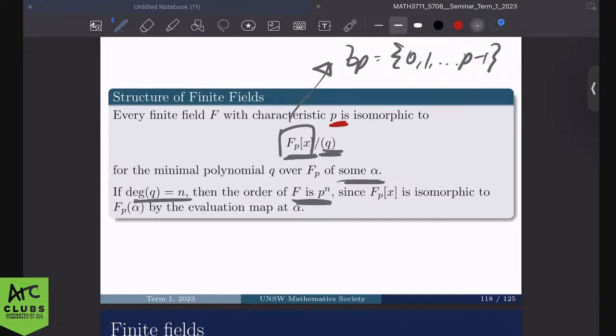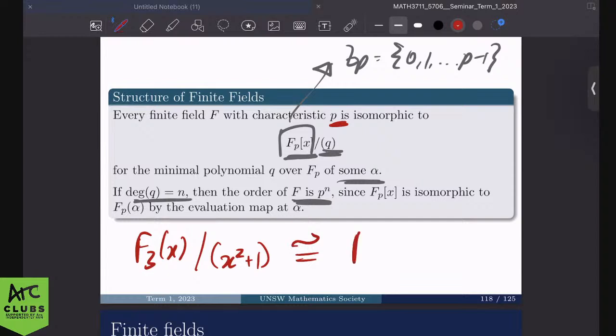And then if the degree of q is n, then the order of F is p to the power of n. Right? So for example, I'll just tell you one example, if x squared plus 1 is a minimal polynomial over F_3, then F_3[x] quotiented over this is isomorphic to F_9, because the order is going to be 3 to the power of the degree of this polynomial, so 3 squared.